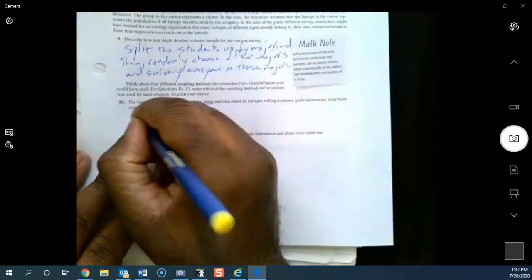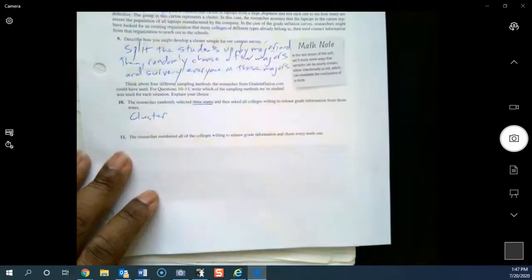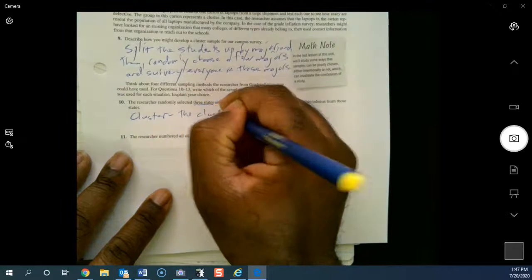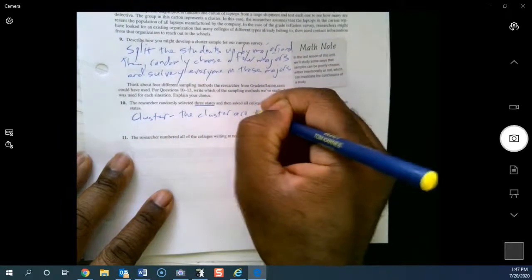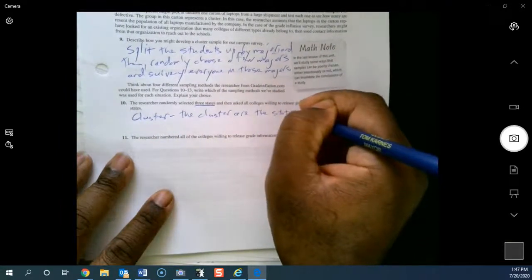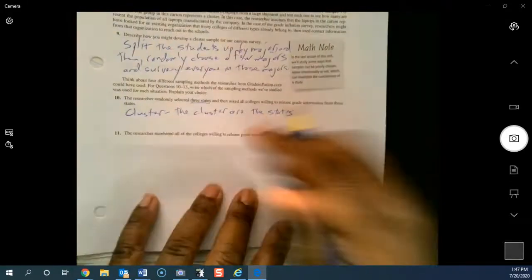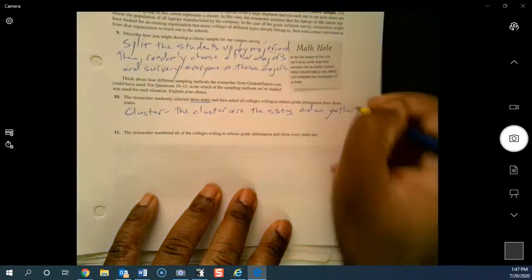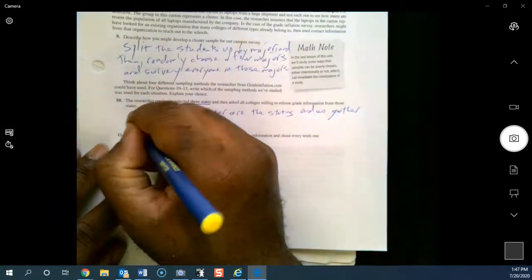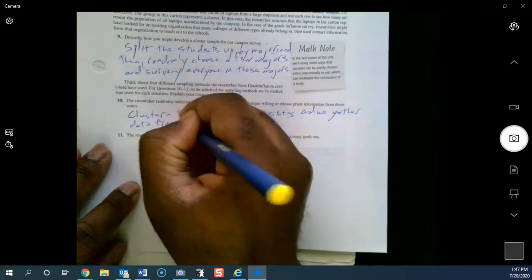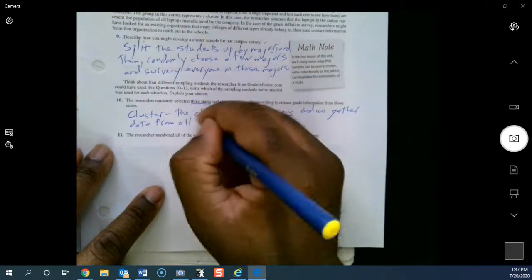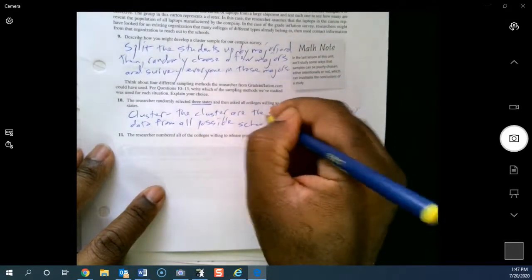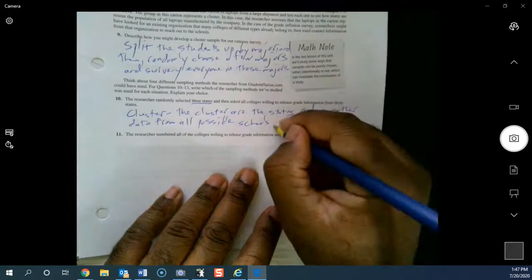So that would be a cluster. There's 3 states. The clusters are the states. And we gather data from all possible schools in the selected states.